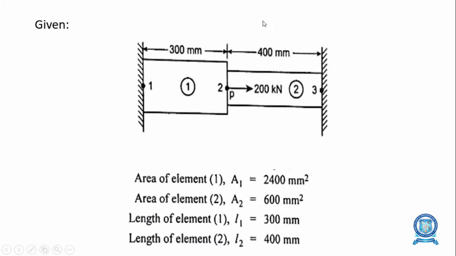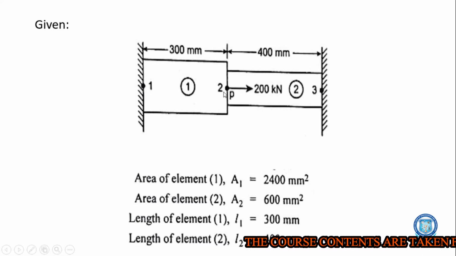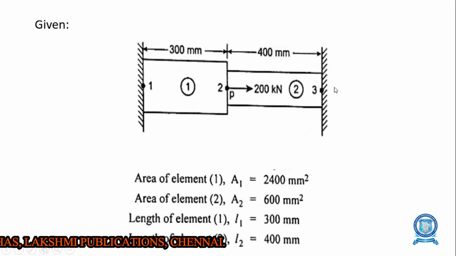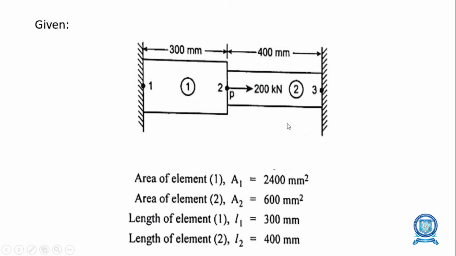For the second element, we give two nodes, node number 2 and node number 3. Here the length of the second element is 400 mm.